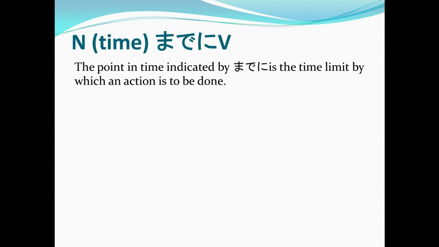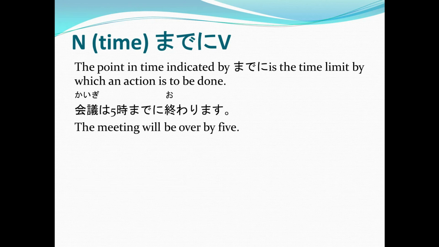Example, kaigi wa go-ji made ni owarimasu. The meeting will be over by 5. By using made ni, it means that the meeting will end by 5 and will not exceed that. Next example.